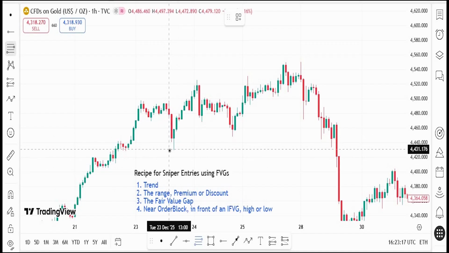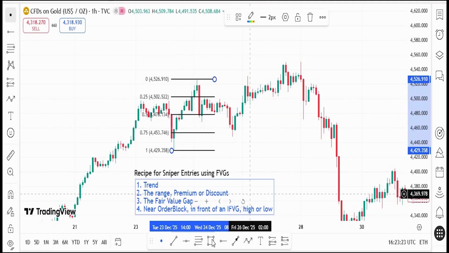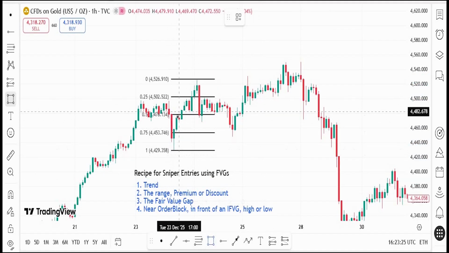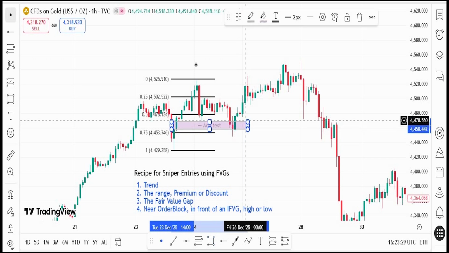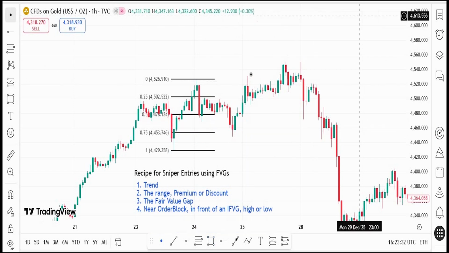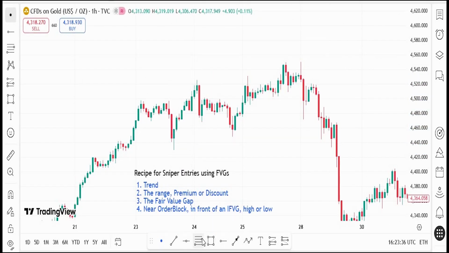Then let's measure this wave. We are at discount looking for this fair value gap, which is at discount below the 50% area of the wave.